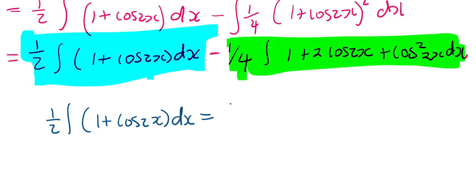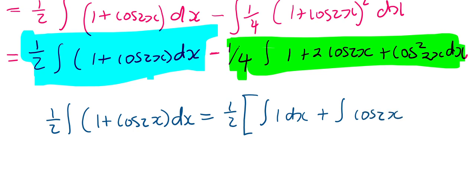Now this can also be written as 1 over 2. Be careful because there's a half outside, so you can put everything in a square bracket. This is the integral of 1 dx plus the integral of cos of 2x dx.